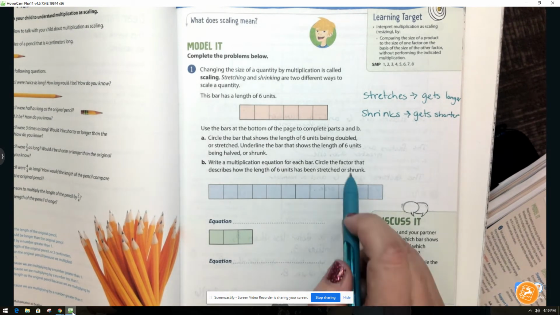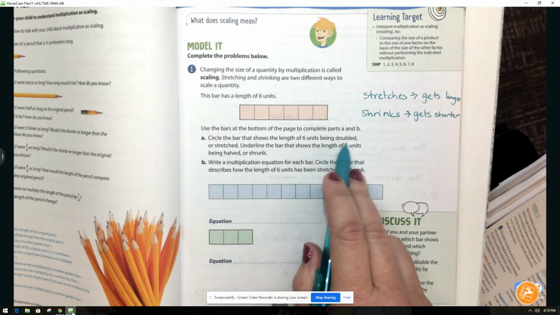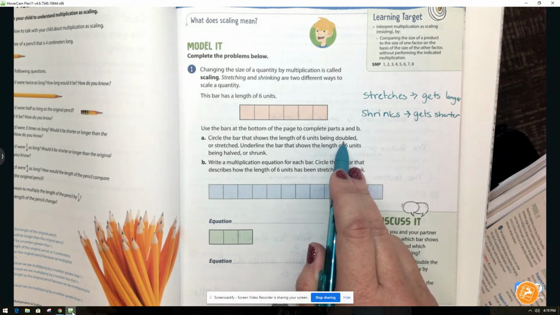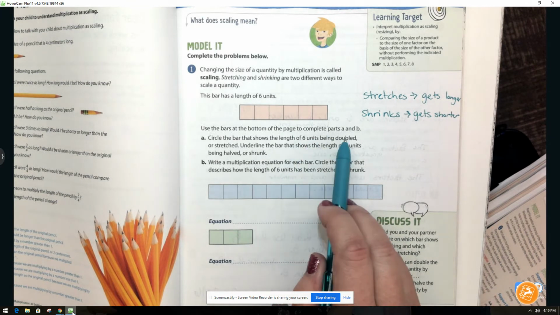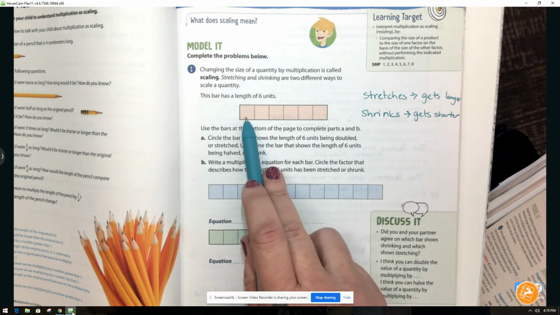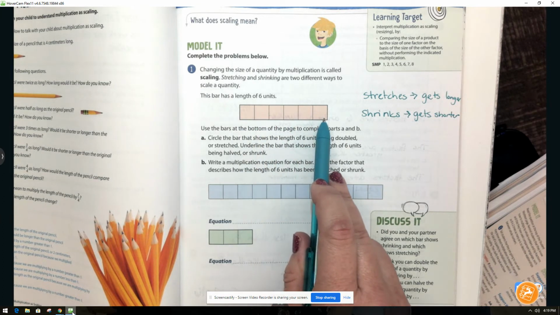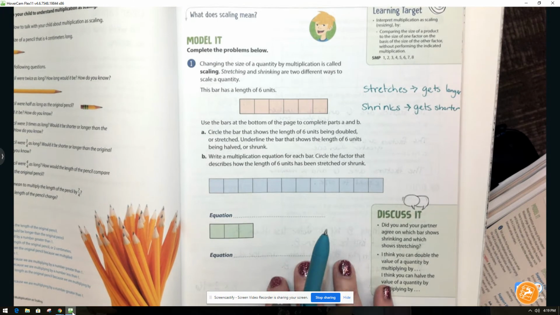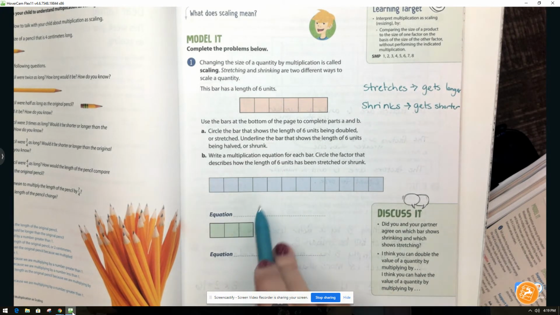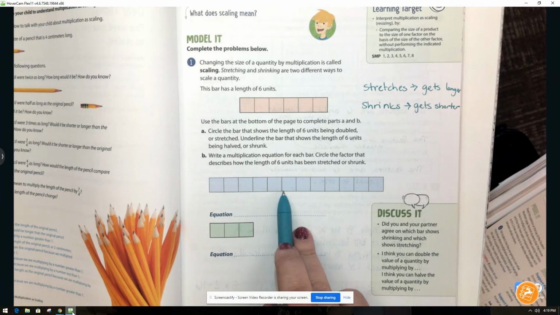So now, I see this word doubled. Doubled usually means if you're going to double something, that means you're going to multiply it by 2. So when I think about the number 6 being doubled, if I know that I have 6 and I want to multiply 6 by 2, or I want to double it, I'm going to have 12. Which of these pictures shows me 12?